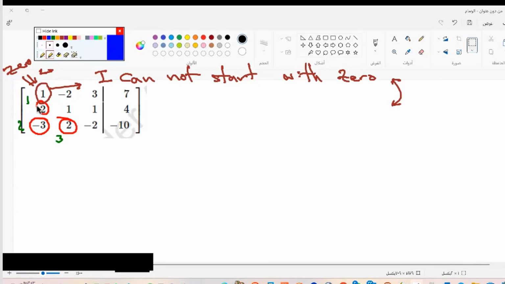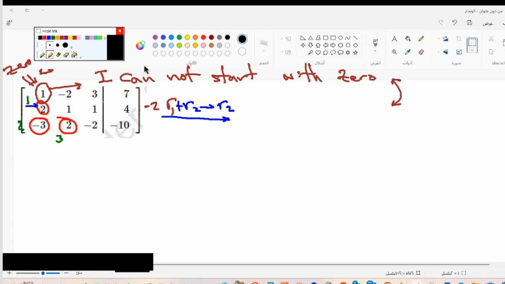Let's start. I will work with the first one, 2. I will multiply. I'm working with R2, so it's R2 plus, if I multiply R1 by minus 2, what will happen?